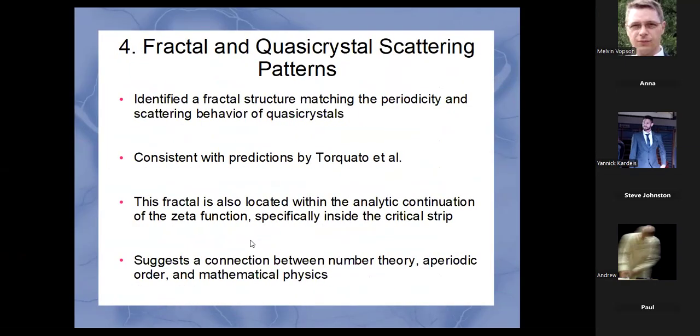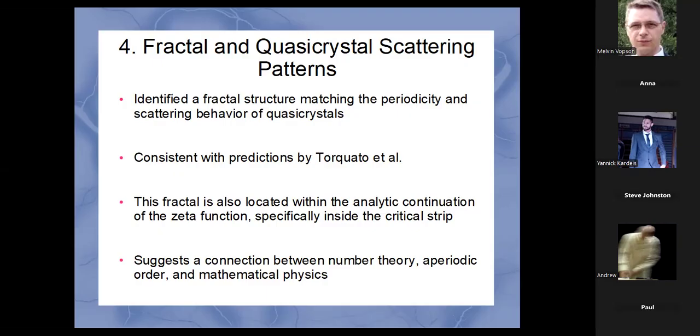So, fractals and quasicrystal scattering patterns, very interesting. We identified a fractal structure that matches the periodicity and scattering behavior of quasicrystals. This agrees with the predictions made by Torquato and his colleagues from Princeton University.